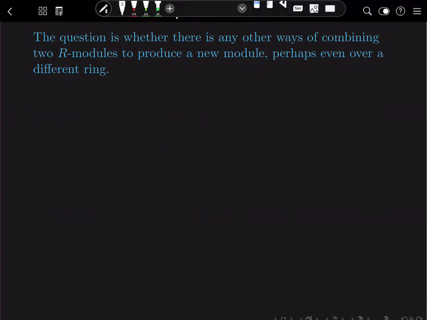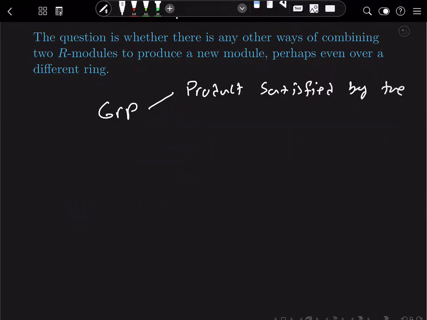And you may think that if we look at, let's say, the category of groups, we know that the category of groups has a product construction that's satisfied by the direct product of groups.